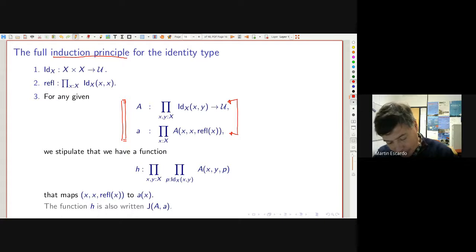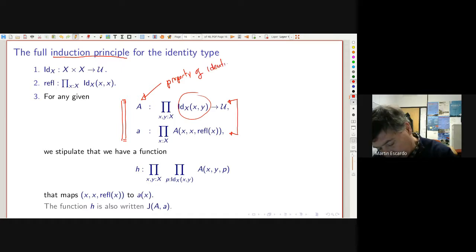So now you can ask the same question: when can I prove that a property of identifications holds? So think of A as a property of identifications. But it is not any property. In the classical sense, it is actually type valued, a type valued property rather than truth valued.